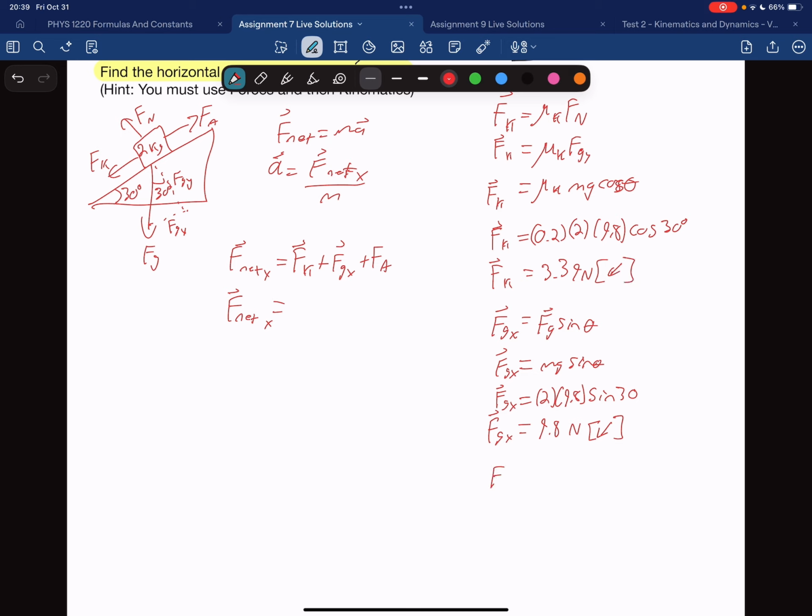And then Fa, we are told it is 90 newtons up the ramp.